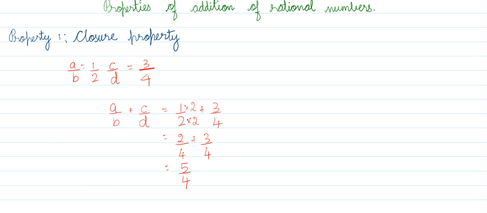So 5 by 4 is of the form P by Q, where Q is not equal to 0, which implies 5 by 4 is a rational number, right? So you can come to the conclusion that addition of rational numbers is closed, right?